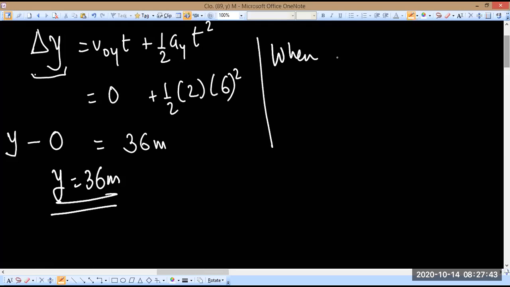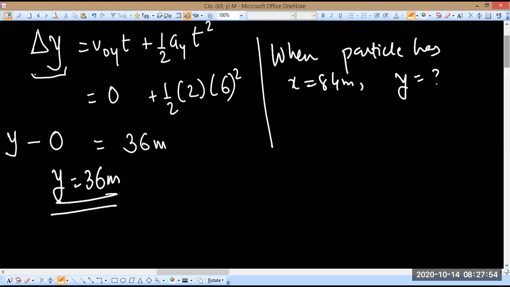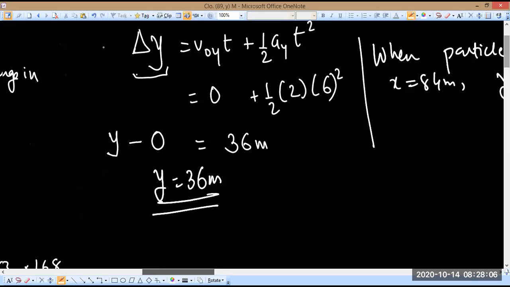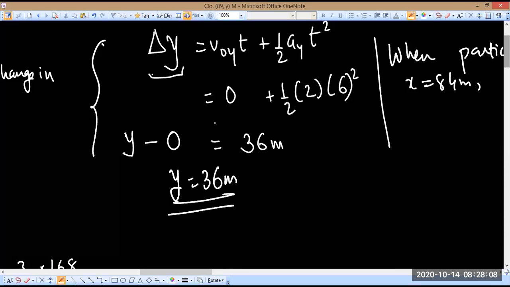When particle has x equal to 84, y is equal to 36 meter. Can we write 36 j caret? No, you cannot. You cannot, because here we are not writing anything in vector form.